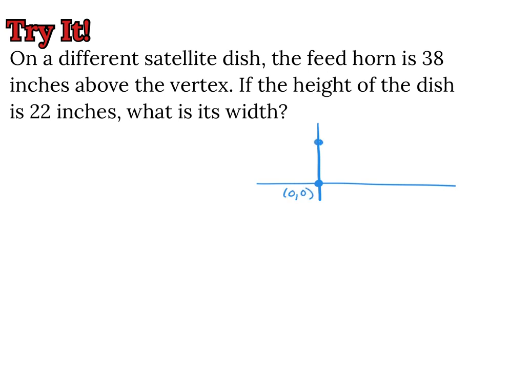Here would be our feed horn, so our feed horn would be at 0, 38. The dish has a height of 22 inches, so that means this is going to be 22 above.